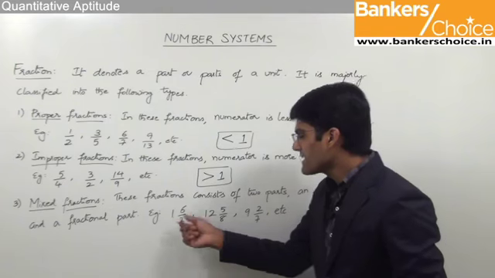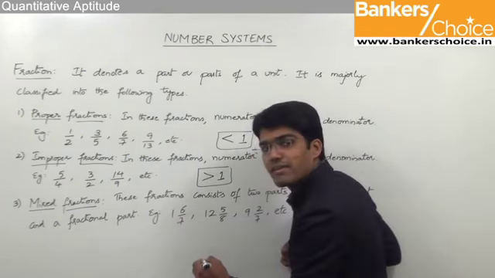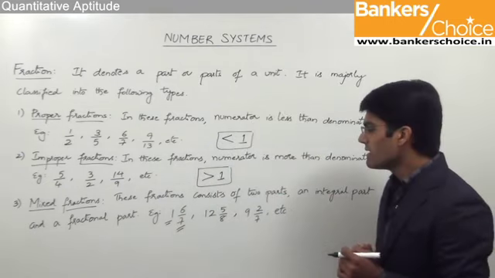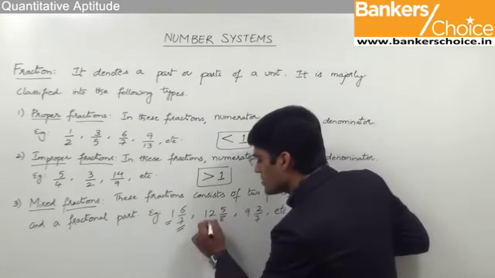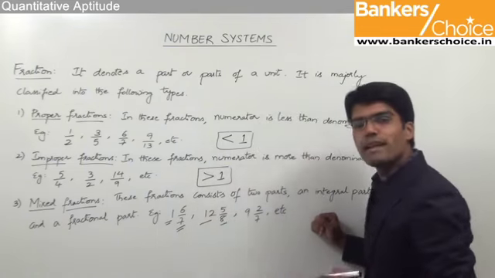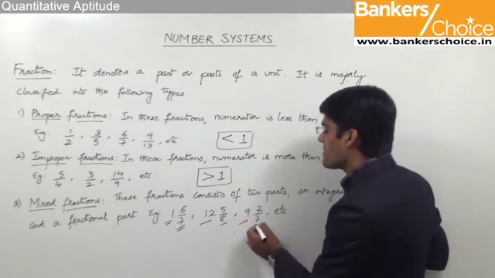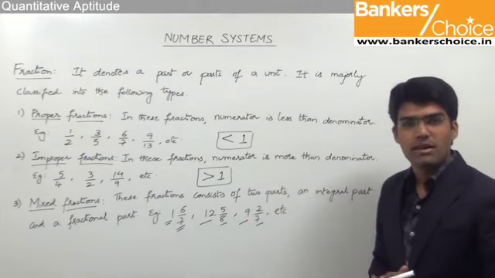For example, in the first case here, we have 1 6 by 7. So 1 is the integer part and 6 by 7 is the fractional part. Similarly, 12 5 by 8. Here 12 is the integer part and 5 by 8 is the fraction part. And likewise in 9 2 by 7, 9 is the integer part and 2 by 7 is the fraction part.